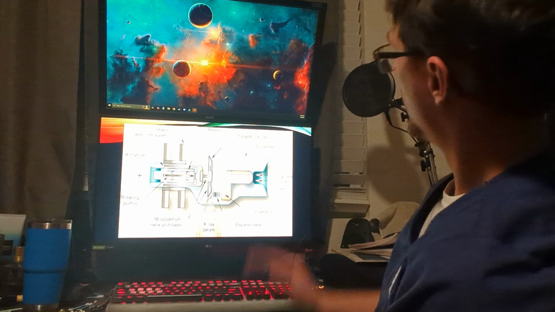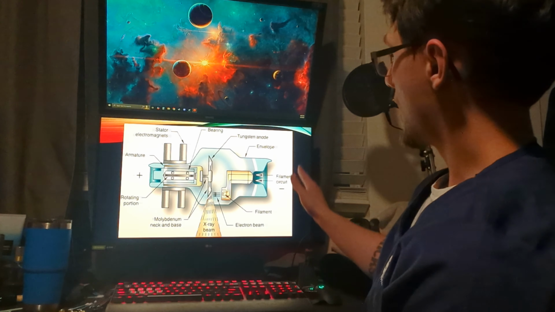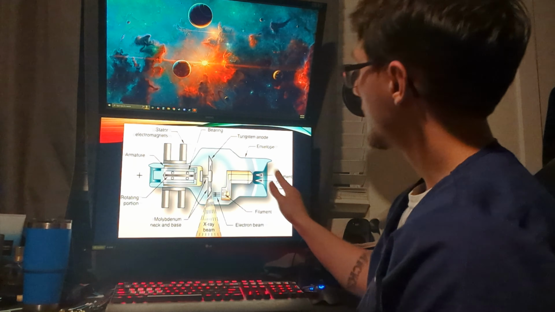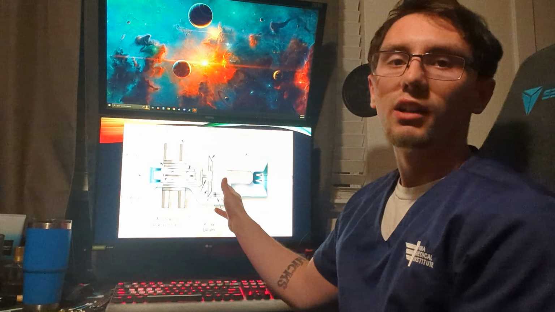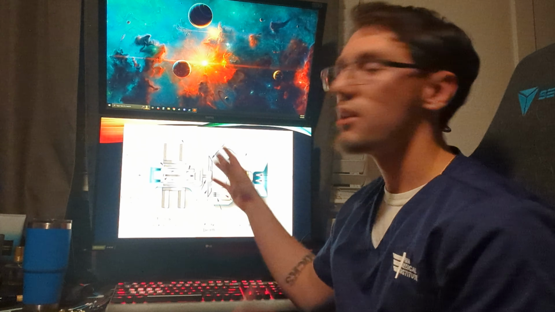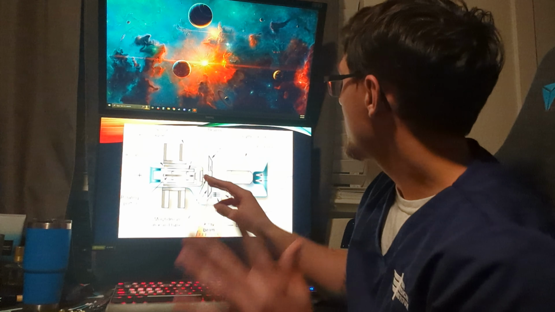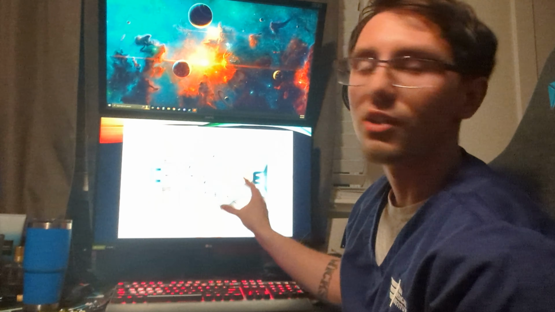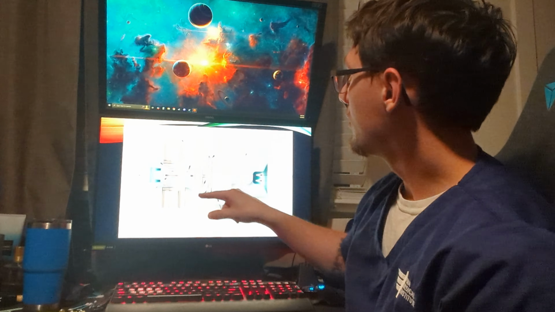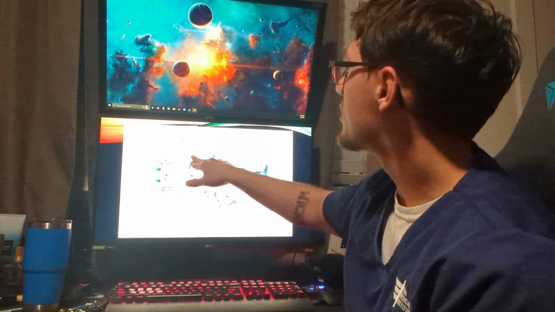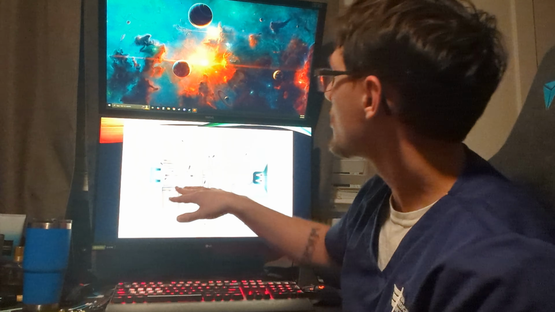We have the filament circuit over here getting that 5 to 15 volts, 3 to 5 amps, heating up the filament, causing the thermionic emission, getting the thermionic cloud condensed by the focusing cup, hitting your desired amount of electrons, say 1,000 electrons, and then sending that over to the anode disk that's getting rotated through the stator electromagnets in the rotor.